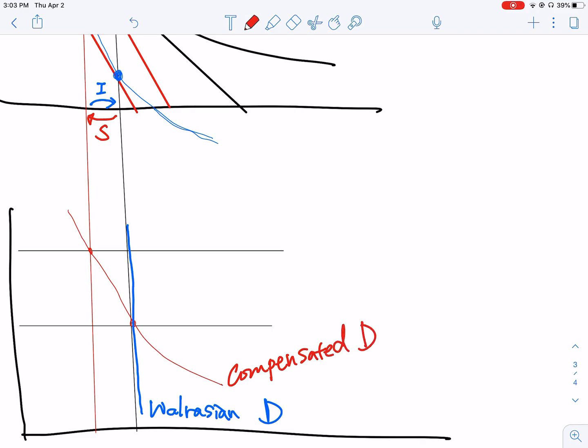So we end up with the compensated demand curve with a negative slope, and the Walrasian demand curve becomes just a vertical line because the income effect completely neutralizes the substitution effect, but not more than that. So they cancel out the effect.